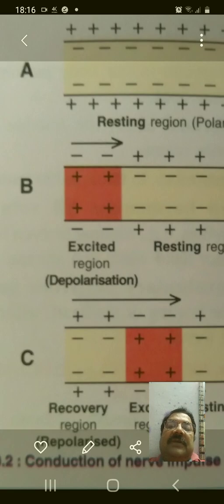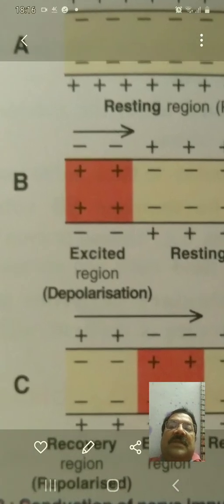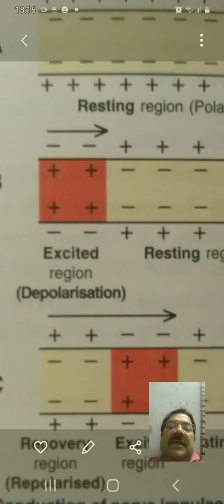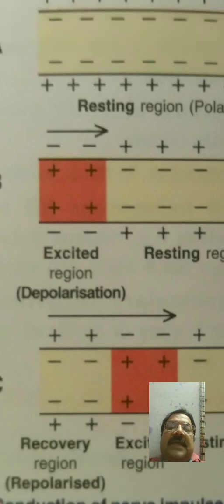The reverse condition will occur. This is due to the movement of sodium ions inside the nerve membrane. So more positive ions will be inside, giving a positive charge inside and negative charge outside. This is the excited region.